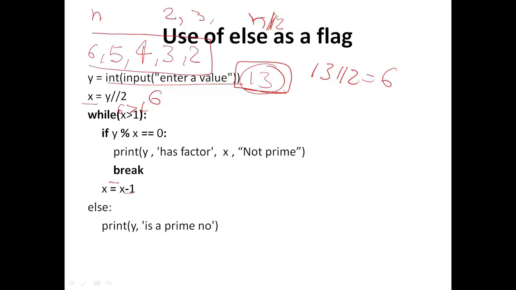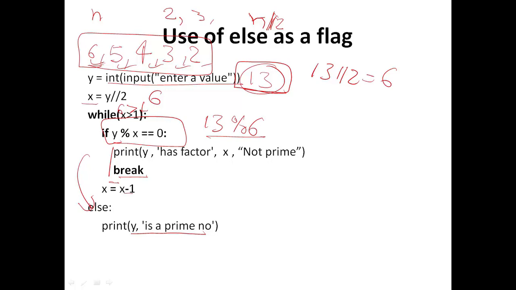If 13 is divisible by any of these numbers, we will print that it has this factor, and if it is not divisible, that means we will not reach the break statement and we will simply print that this number is a prime number. In this case we are going to execute the else part without reaching the break statement, because the condition is not true here: the value of y is 13 and the value of x is first 6.